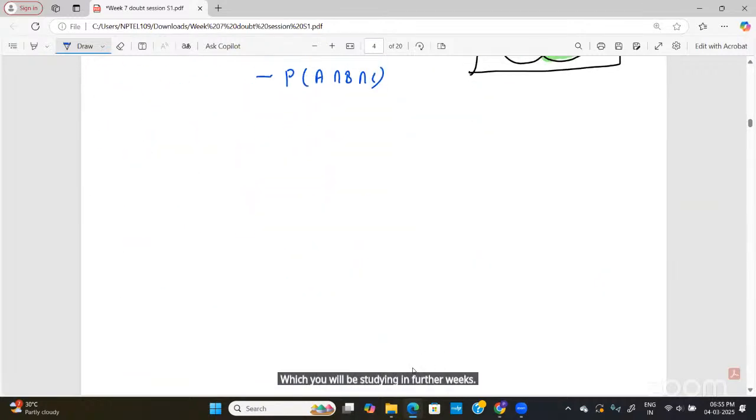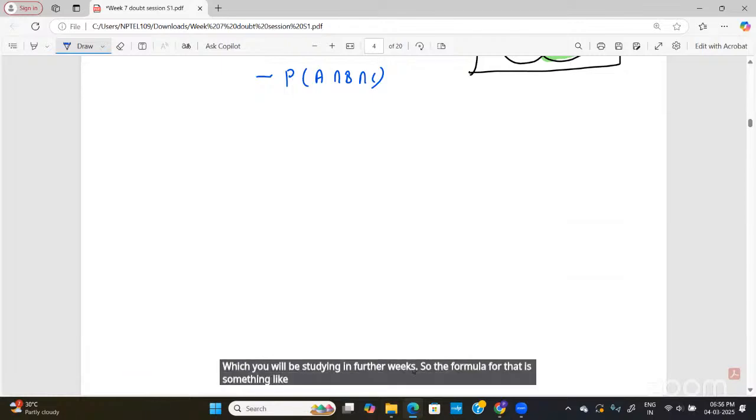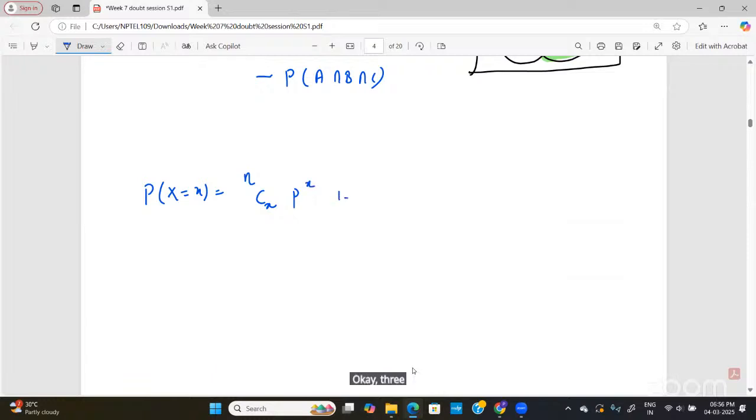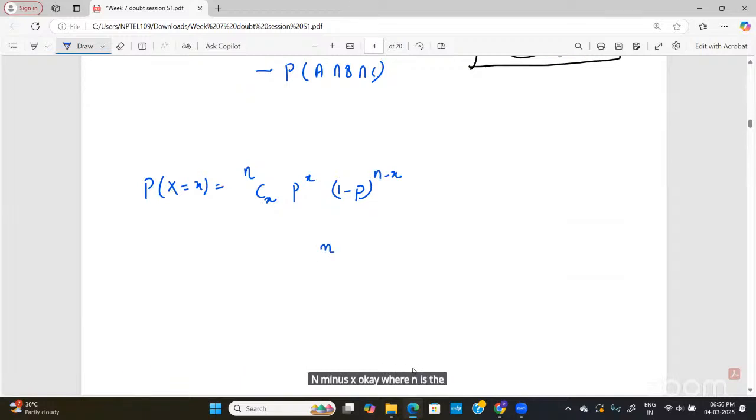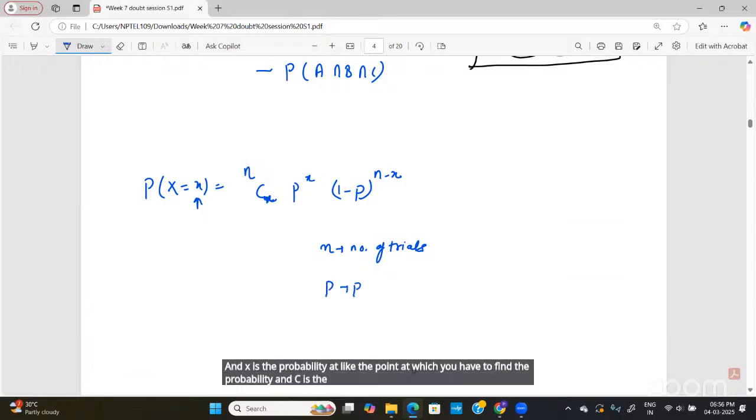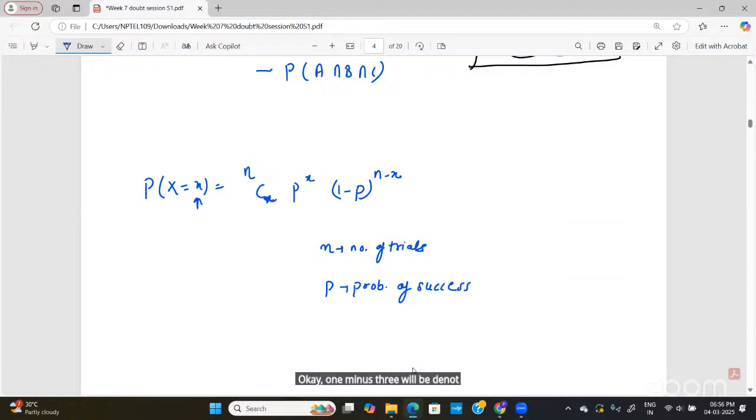The formula for that is something like, here we find the probability of x: n choose x, p to the power x, and 1 minus p to the power n minus x, where n is the total number of trials, and x is the point at which you have to find the probability, and p is the probability of success. 1 minus p will be denoting the probability of failure in that case.